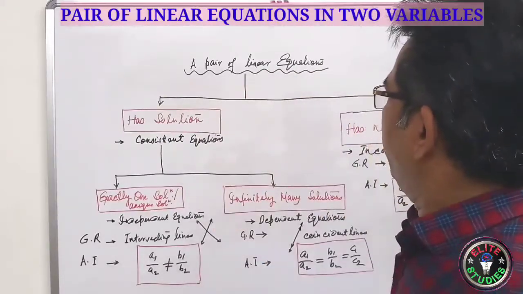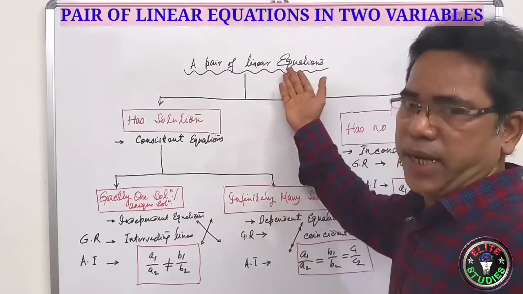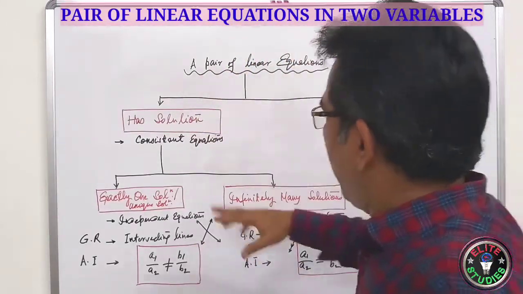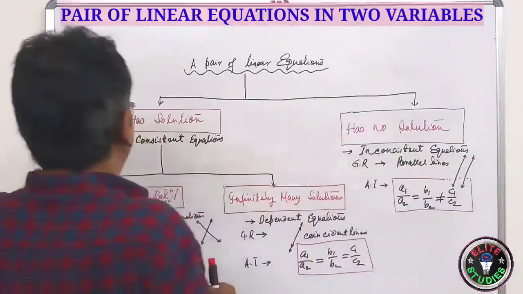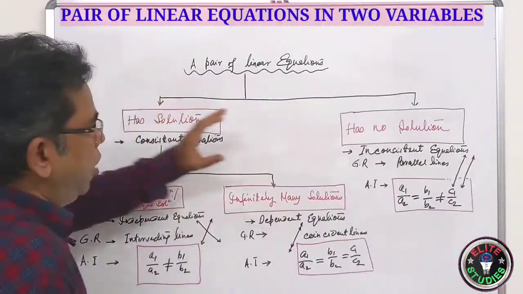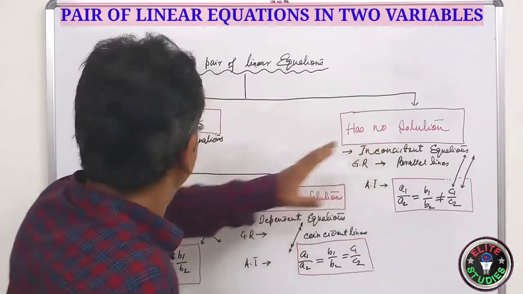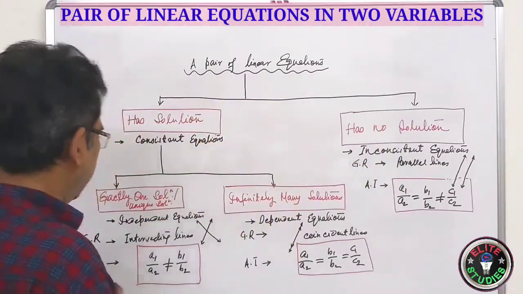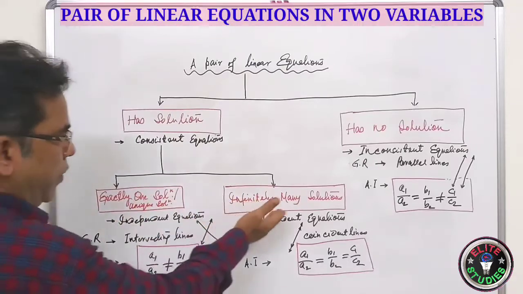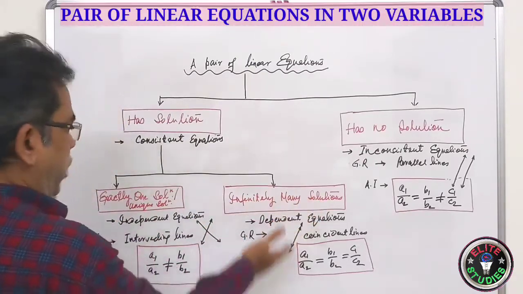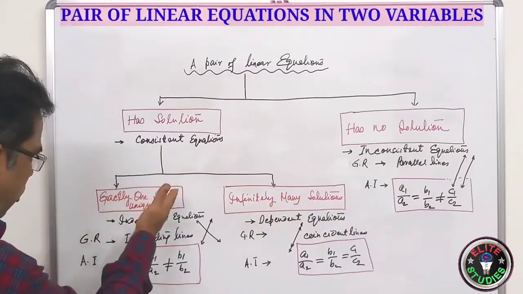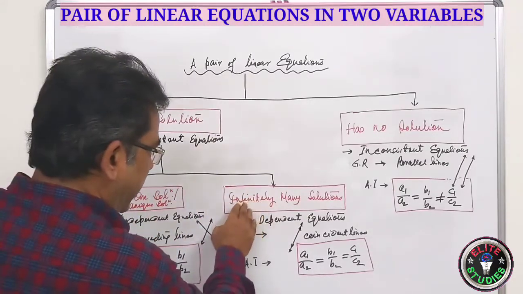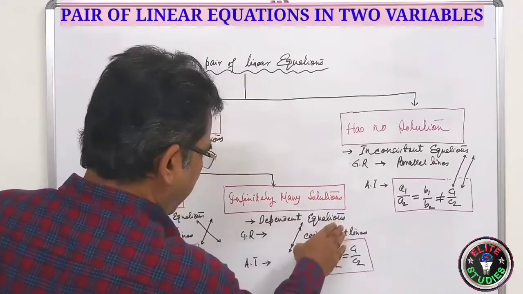So here I will summarize a pair of linear equations. Either a pair of linear equations will have a solution or it will have no solution. If it has solutions, then there arise two things, whether it will have one solution or infinitely many solutions. If it is exactly one solution, they are called independent equations, and if they have infinitely many solutions, they are called dependent equations.